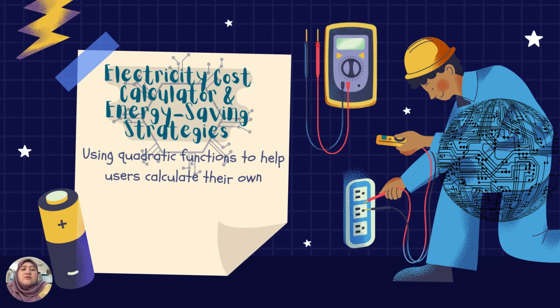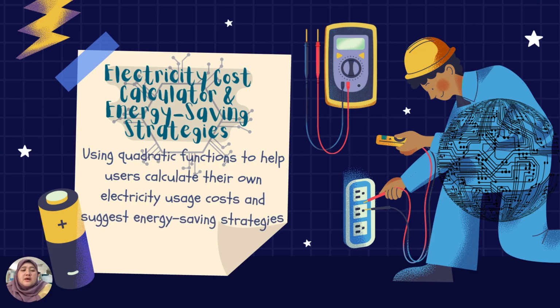The electrical cost calculator and energy saving strategy uses a quadratic function to help users calculate their own electricity cost and suggest energy saving strategies. This project is related to our subject, Additional Mathematics, Form 4, Chapter 2, quadratic functions.